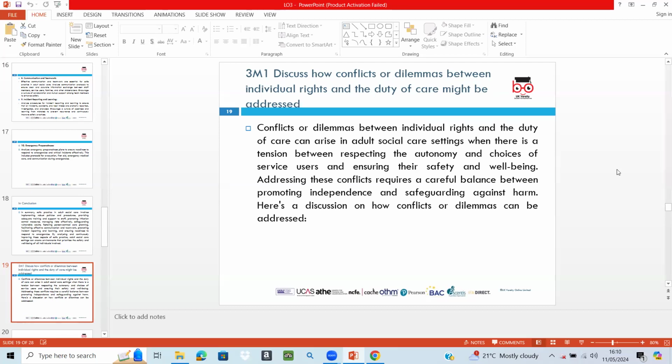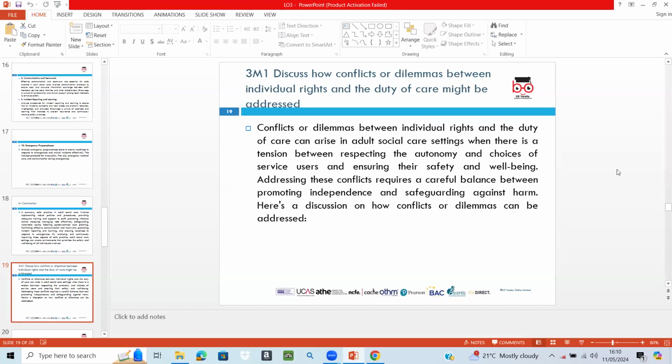It will balance, and we could give proper care to a service user, for the betterment of both the service user and the staff involved. So these are all important aspects regarding the conflicts or dilemmas between individual rights and the duty of care.